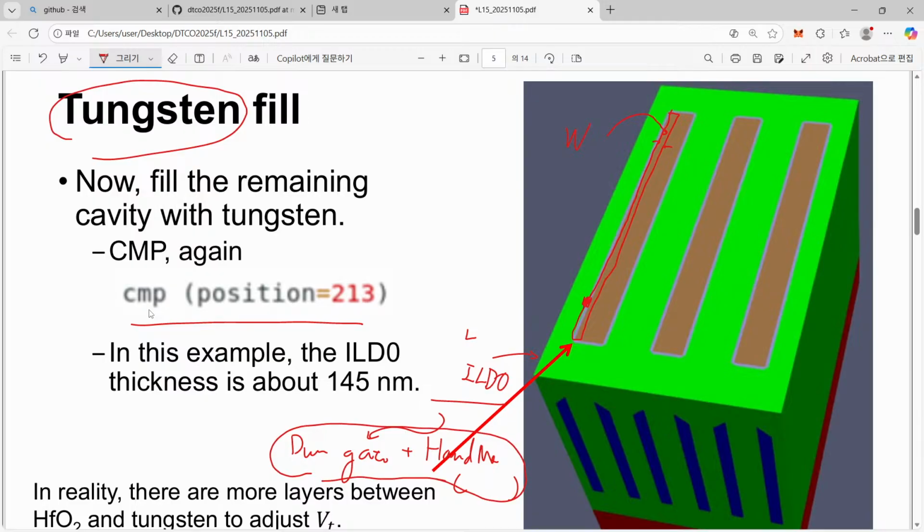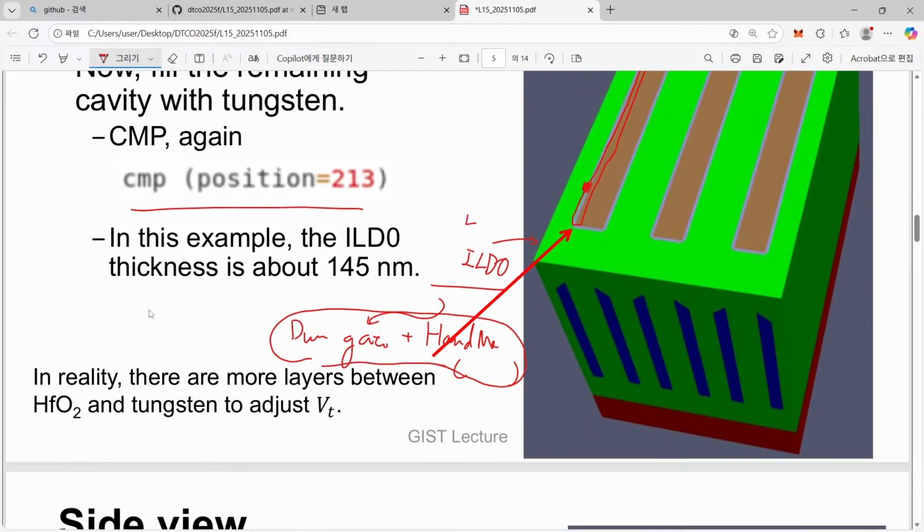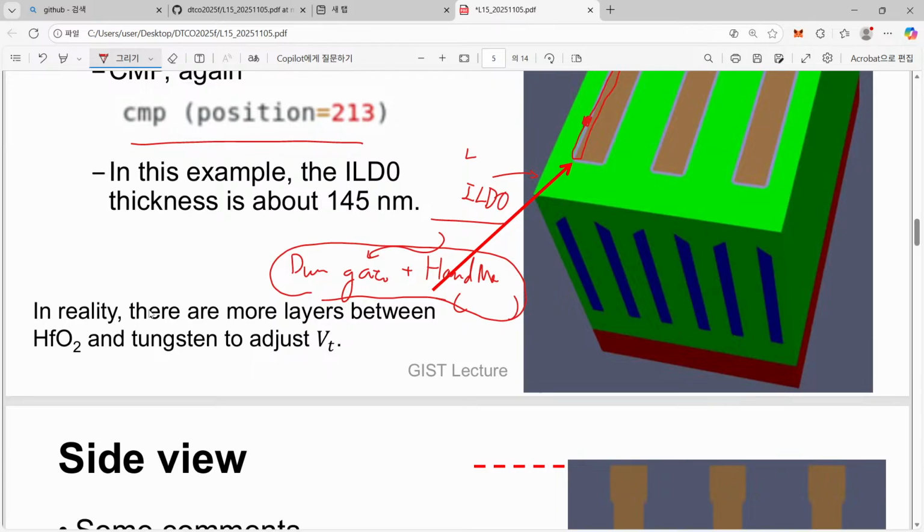In this example, my final result shows an ILD0 thickness of about 145, and it is known that this value is a little bit high. The actual value was around 100 something, but I have no idea what I made. Maybe I introduced a slightly thicker hard mask, but anyway, this is not very tied to real fabrication or process, so just live with this slightly higher one.